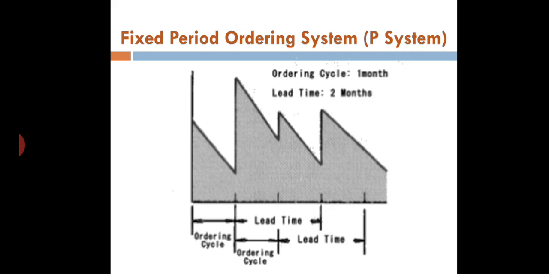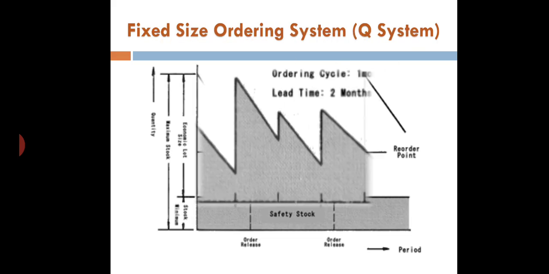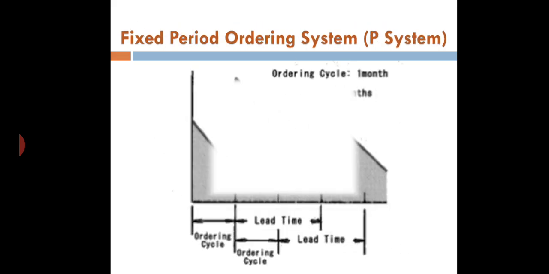Once 2 months pass, you put the next order, and after 2 months again the next order, like that. That is shown as a graphical representation. That is fixed period, and earlier it was fixed size. You can see the difference in the graph.